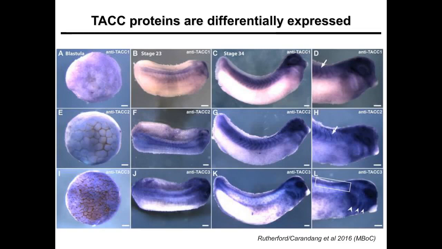Whereas TACC1 and TACC2, they didn't have that neural tube and craniofacial neural crest cell localization for their expression patterns, but they were highly enriched in the somites and in other certain areas of the brain, including the mandibular nerve. So my lab is currently in the process of exploring the unique and collective functions of these TACC proteins during development and in regulating microtubule dynamics.